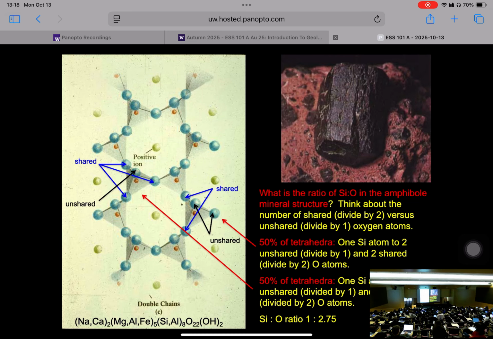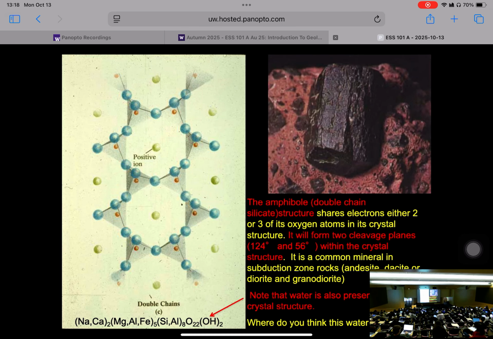They are basically 124 and 56 degrees. Students think of 120 and 60, you can think of triangles that way, but it's about 124 and 56 that is the actual cleavage plane. So 2 not at 90 degrees is the weakness plane. You can actually see them present on this crystal here.